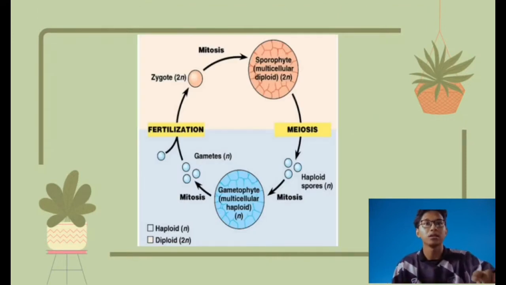We can see in the picture the sporophyte, multicellular diploid 2N, will undergo meiosis and produce haploid spores. So this is where the haploid generation starts, while the diploid generation starts when gametes fertilize, like sperm fertilizing an egg, so it will form a zygote. So this is the first process where the diploid generation starts.